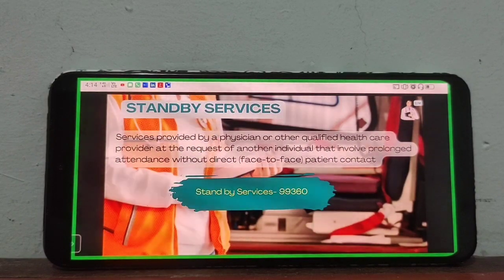In your own language, please take the meaning of that standby service. Once you complete it, please let me know.